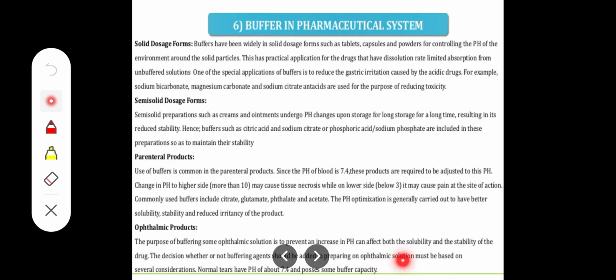So the human body maintains different pH in different parts.